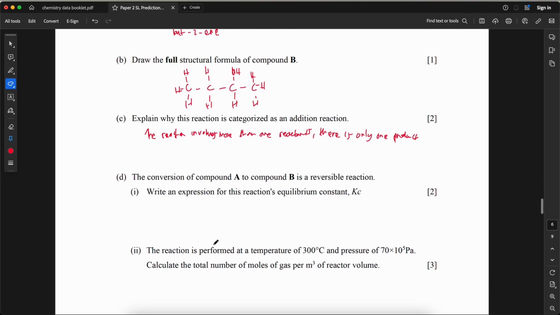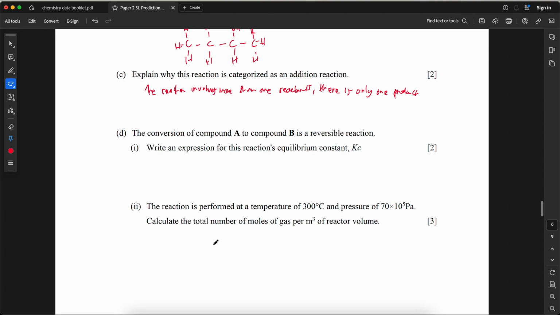The conversion of compound A to compound B is a reversible reaction, meaning an equilibrium reaction. Write an expression for this reaction's equilibrium constant Kc. So A plus H2O produce B, right? So Kc would be the concentration of B divided by the concentrations of A and H2O.